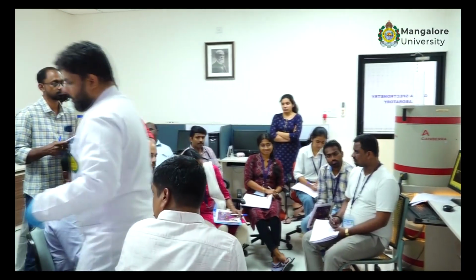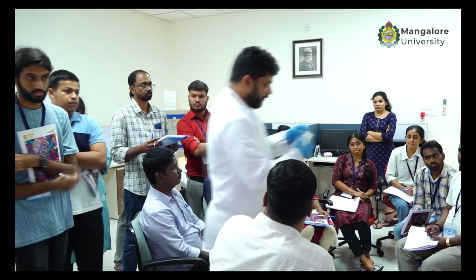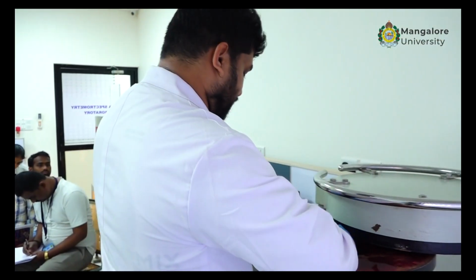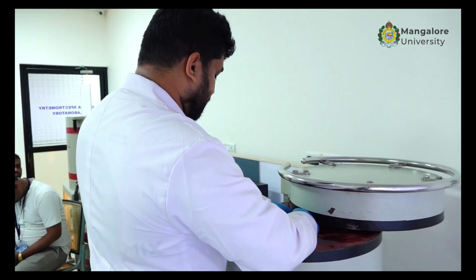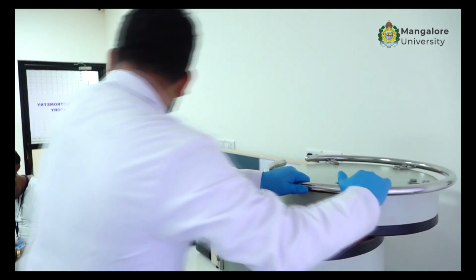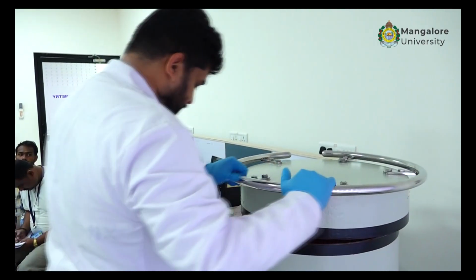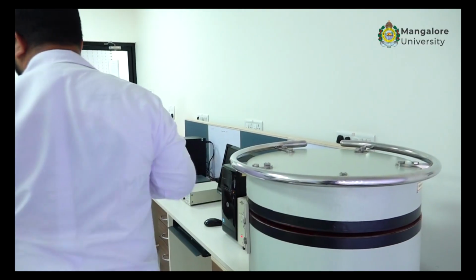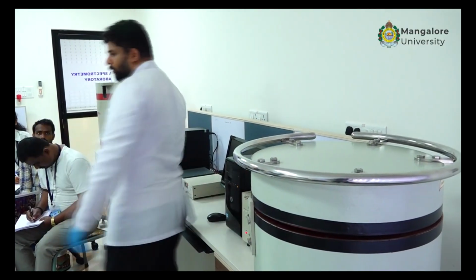This is just a demonstration of how the cesium and cobalt peaks look in a sodium iodide detector. I keep the samples inside. Let us see what happens if I put both the samples. What would be the conclusion?